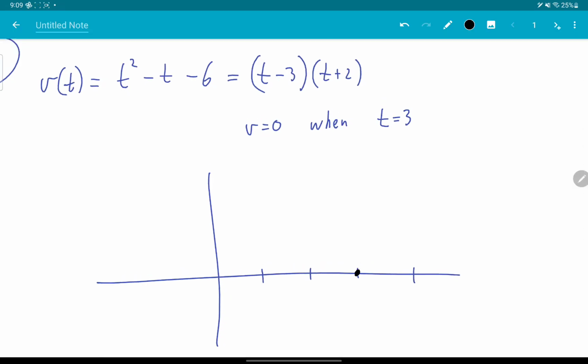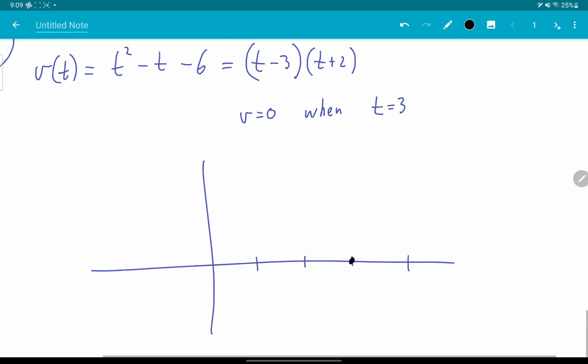And just quickly doing a test point, if I plug in, say, the number 1 here, I'm going to get a negative number. So it's doing something like this, I reckon.